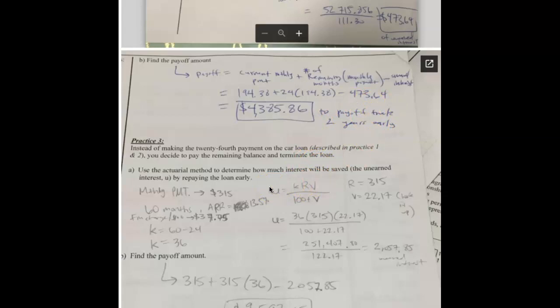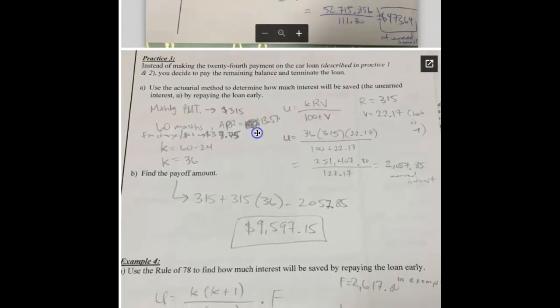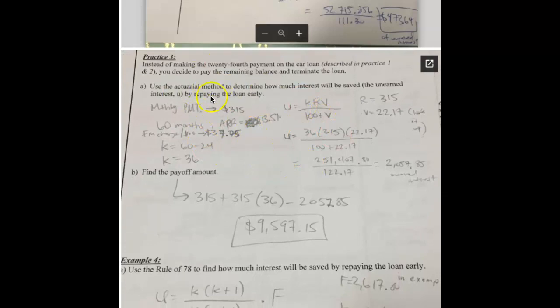The next one is basically the same thing. This is the exact same thing. It just refers back to the problem described in practice 1 and 2. So it refers back to some of the problems, and we'll skip this one because it's the exact same as you read here.